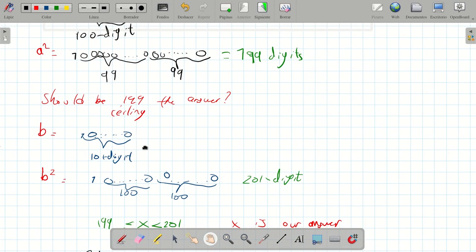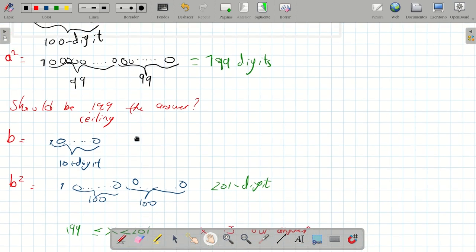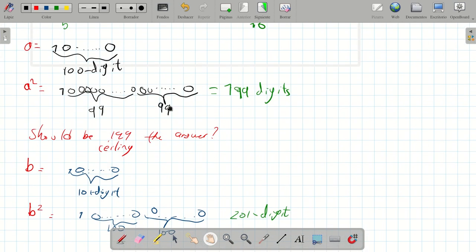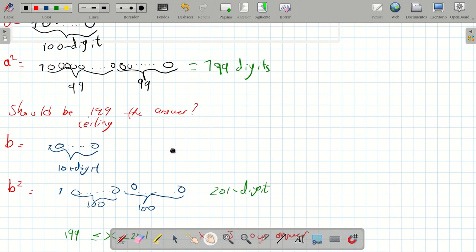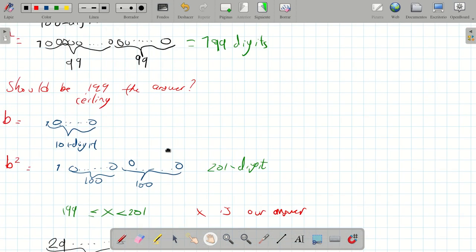With that, we found what could be the number of digits our number would have if we square it.